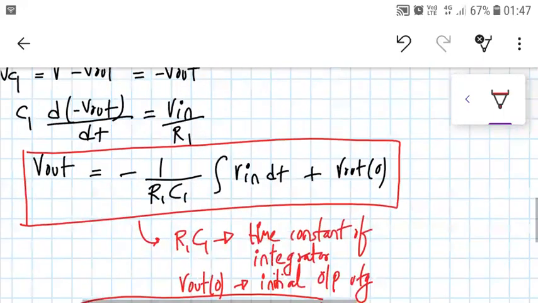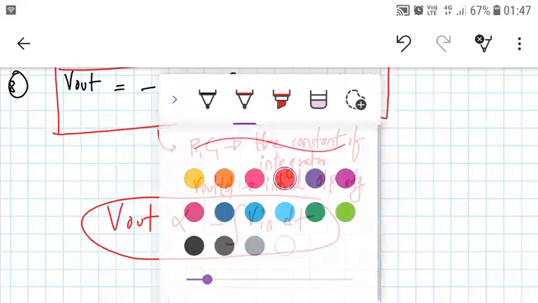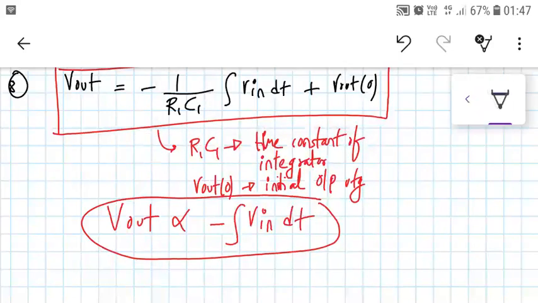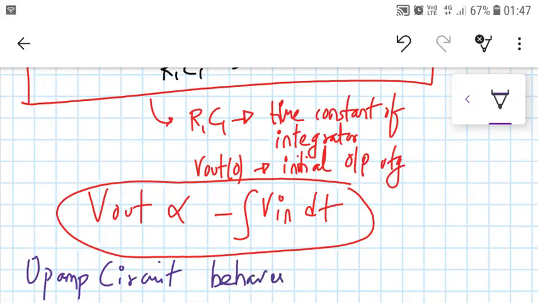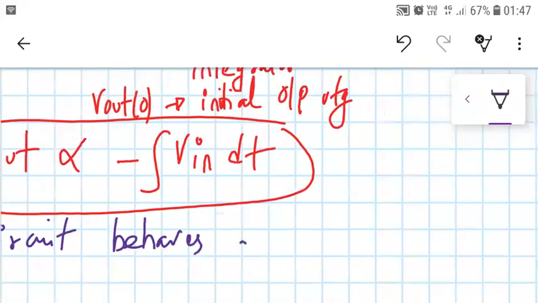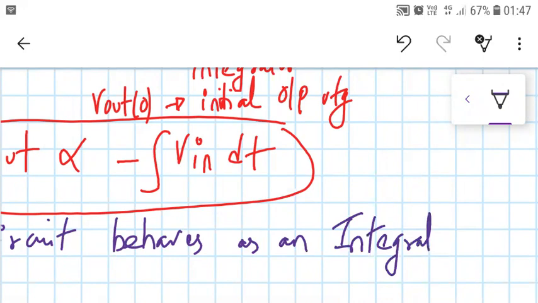Okay, so the op-amp circuit behaves as an integrator as per the derived equation.